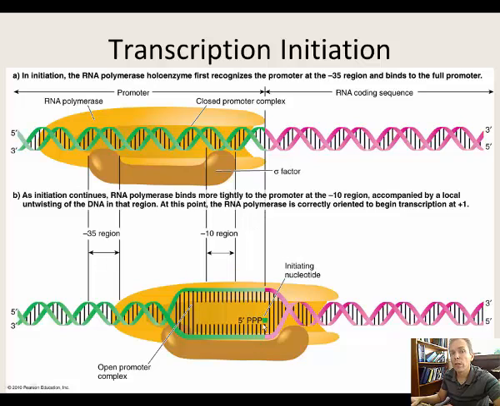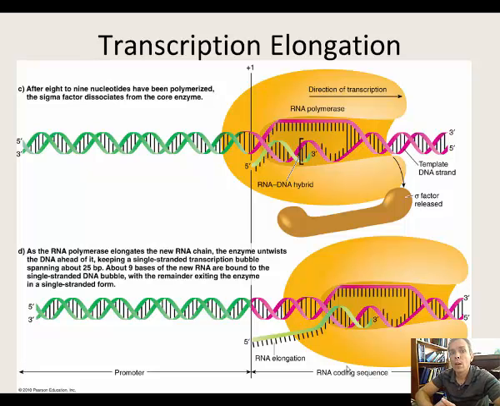At that point, new nucleoside triphosphates are added, beginning at the +1 site. It's labeled here as the initiating nucleotide. It has 3 phosphates because it is a nucleoside triphosphate. Once the open promoter complex is established, RNA polymerase begins the actual process of transcribing the gene.